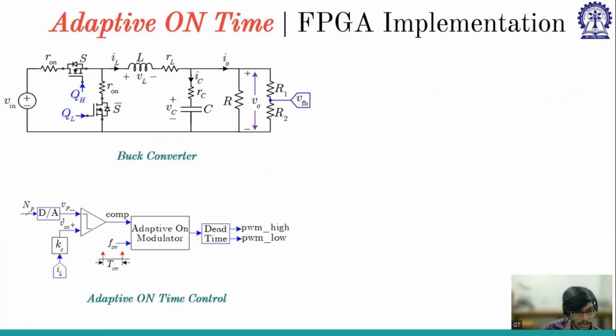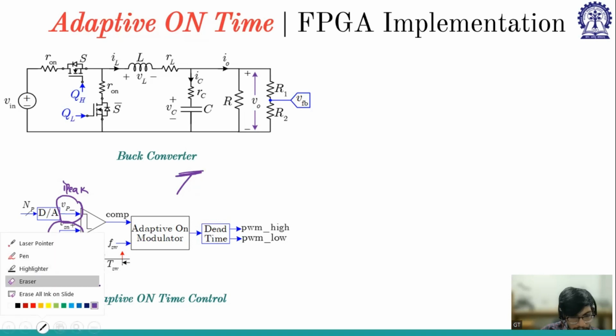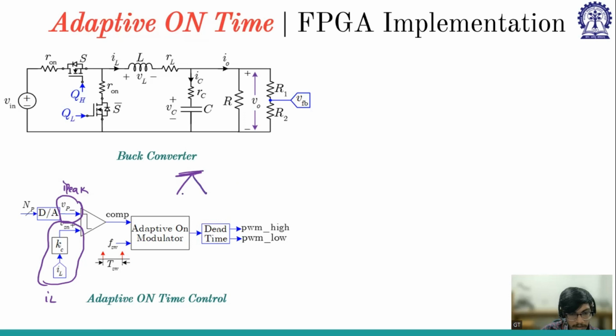So they are comparing this I peak with the inductor current. Whenever IL touches the I peak, it will trigger and the off time will start. That comparator goes into this adaptive on modulator, and accordingly it generates the dead time and the other circuitry that is needed.